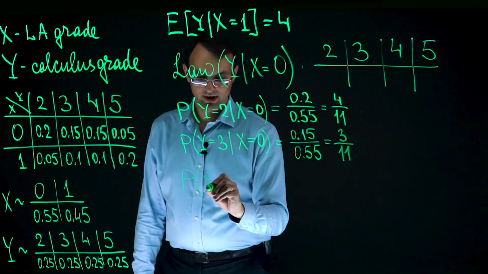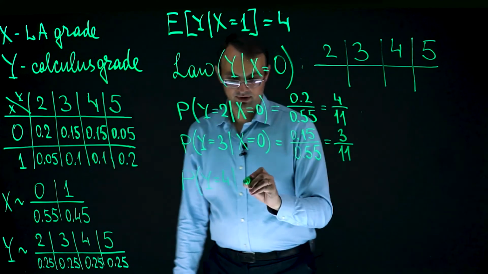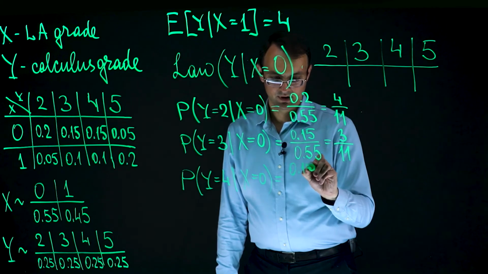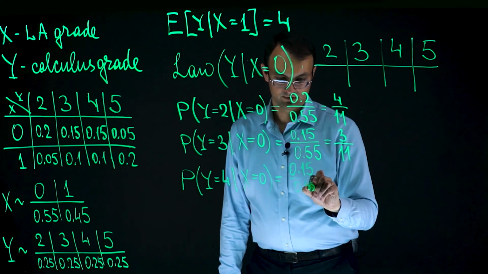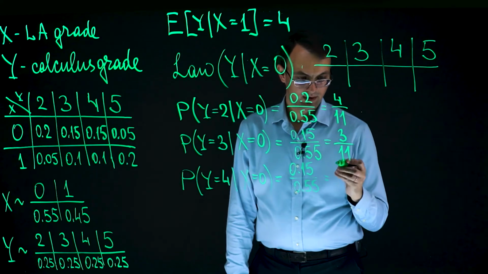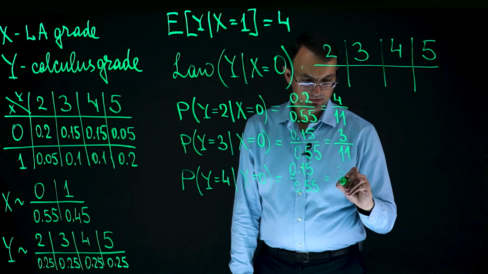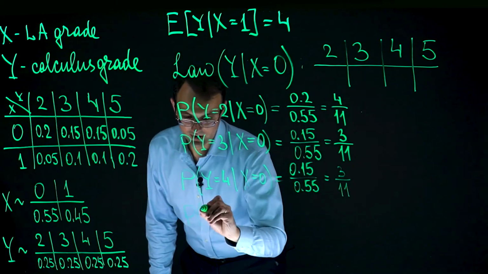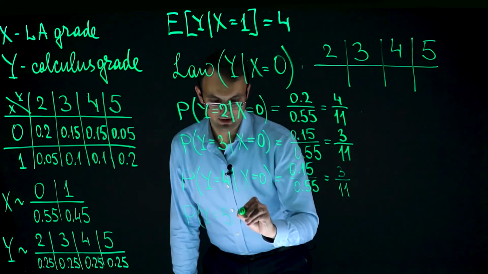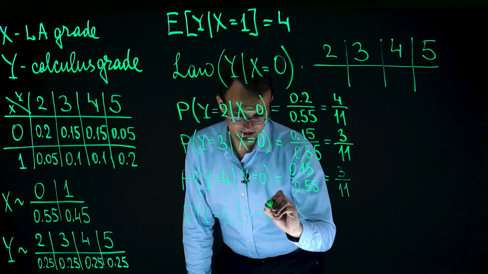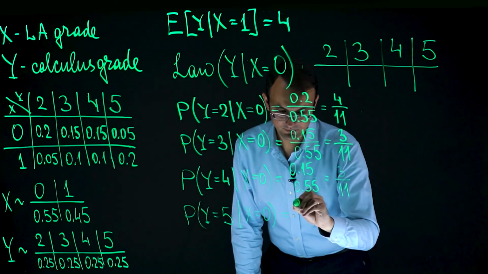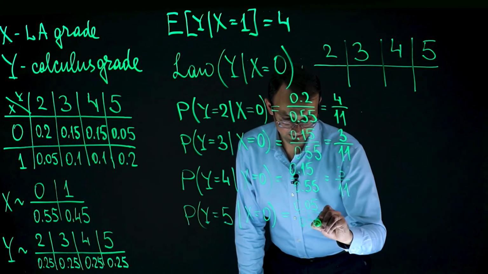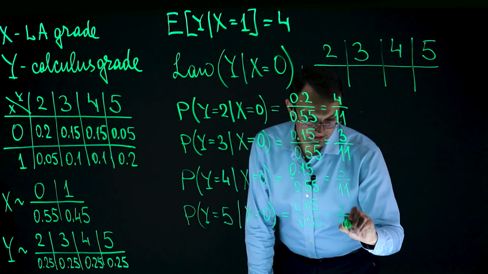The probability that y is 4 given that x is 0 is the same, also 3 over 11. And finally, the probability that y is 5 given that x is 0 is 0.05 divided by 0.55, that is 1 over 11.